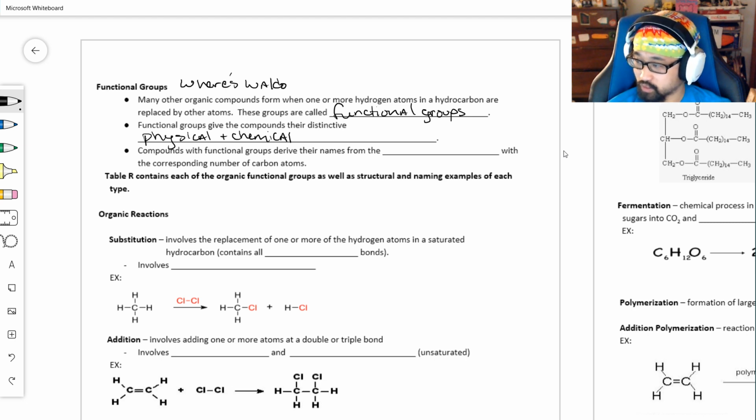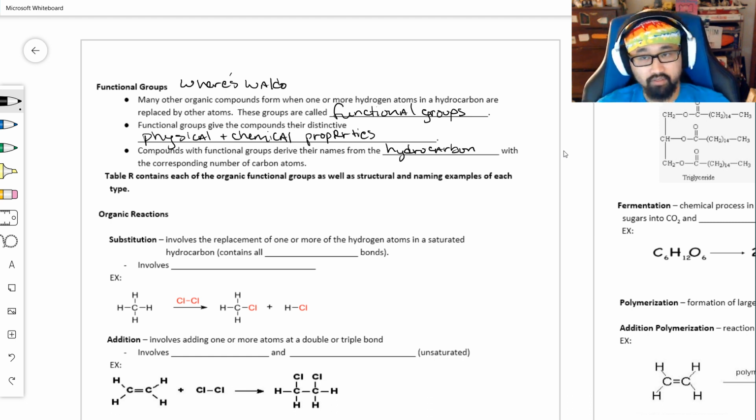So a different functional group on two similar organic compounds will give them different physical and chemical properties because they are put together differently. Compounds with functional groups will derive their name from the hydrocarbon with the corresponding number of carbons, which again I'll talk about more. So I guess I'll have to talk about naming.